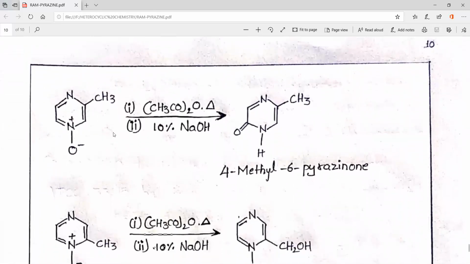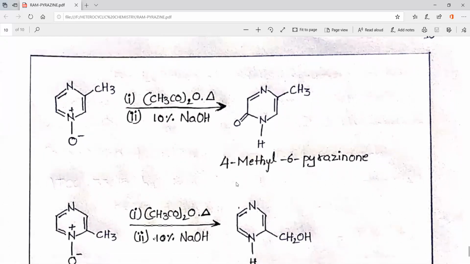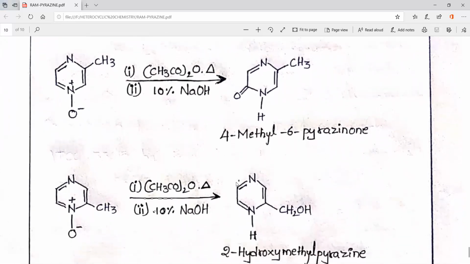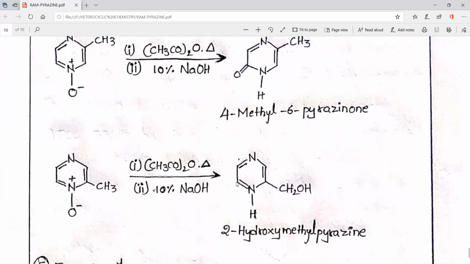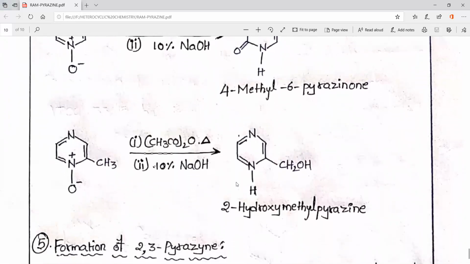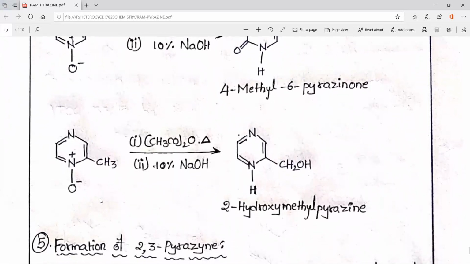So this is an N-oxide which, when treated with acetic anhydride, forms 4-methyl-6-pyrazinone. So a different product is obtained when there is a change in the position of the methyl group.